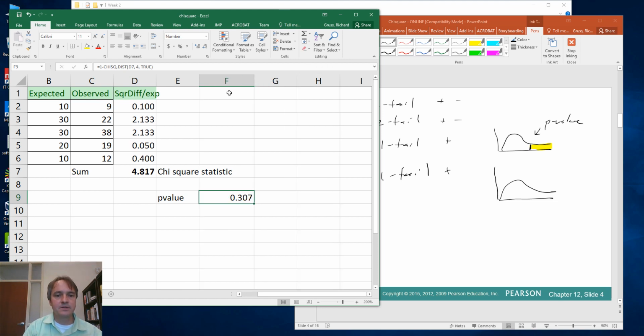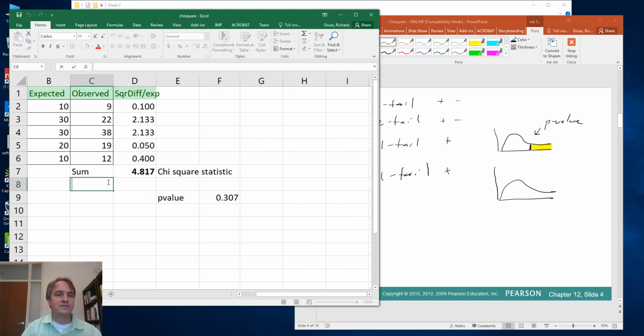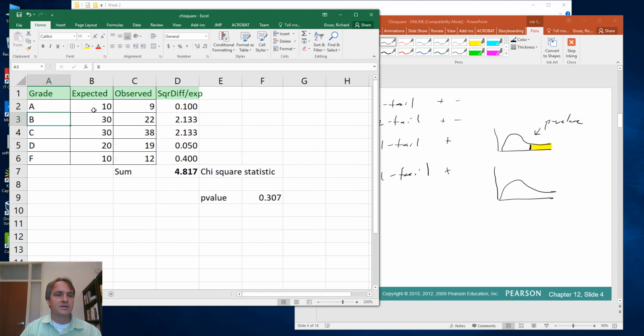This is a large p-value. This tells us that we don't really have enough evidence to say that these are significantly different. So our observed and expected seem to be close enough that we can't reject the possibility that they are the same. We would say in this case that these appear to be the same distributions. So the grades are the same as what we would expect.